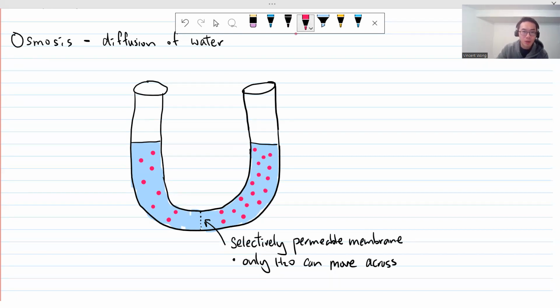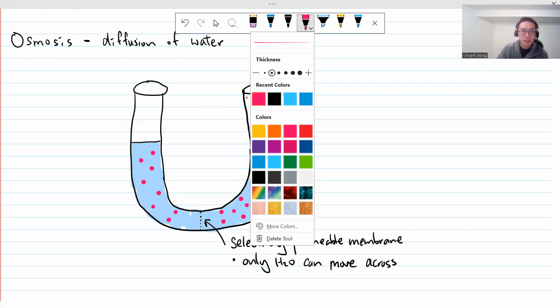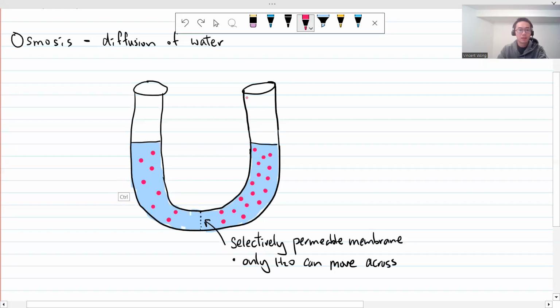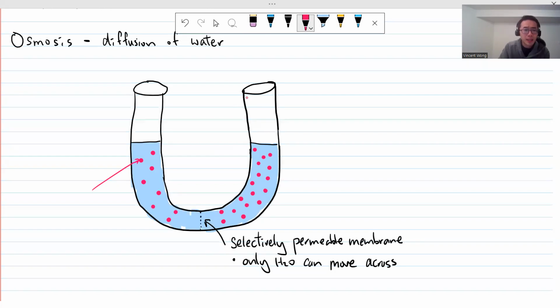Okay, these red balls, red circles. That is the solute. And the important thing to remember in this exercise is that they are too big to cross the membrane.